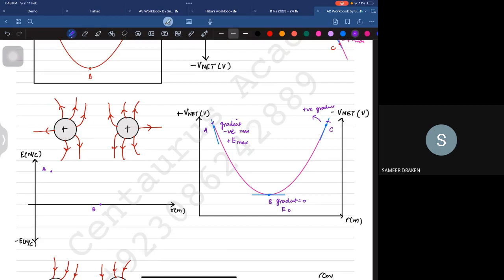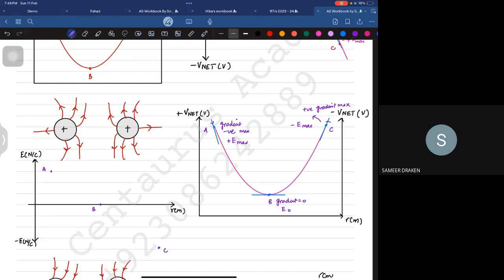So that means it is a positive gradient of maximum value. Because it is a positive gradient of maximum value, that means electric field strength now will be negative and maximum, because electric field strength is the negative gradient. Do you understand that? Which basically means that now our point C will be in the negative region and at maximum value.